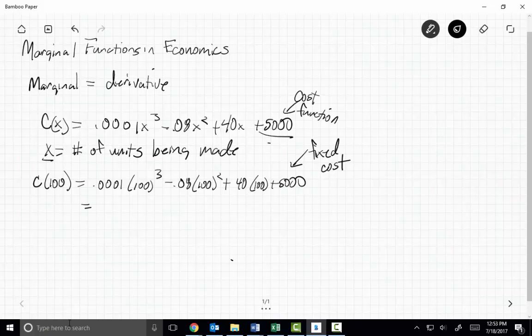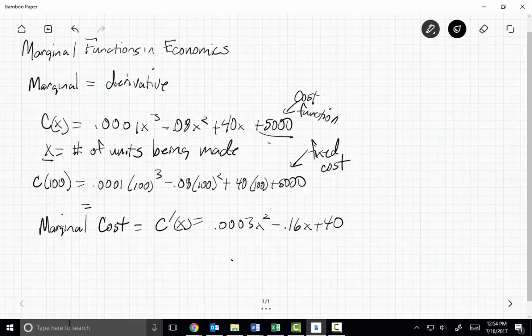All right. Now, let's talk for a second about what marginal cost would be. Marginal cost. Remember, marginal equals derivative. So what we're talking about here is c prime of x, which is pretty easy to take: 0.0003 x squared minus 0.16 x plus 40.